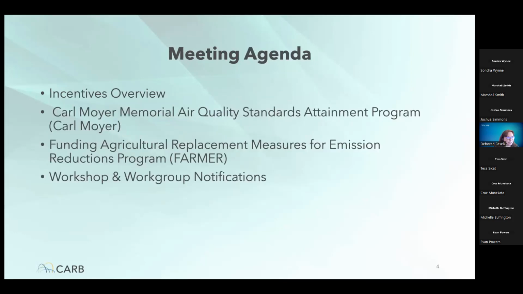On today's agenda, we will start with a brief overview of incentives. Then the Moyer team will present on the Moyer Program, and the Farmer Program will then present on the Farmer Program. And each program will also go over the guideline update process for their guidelines ahead of the board meeting in 2024.